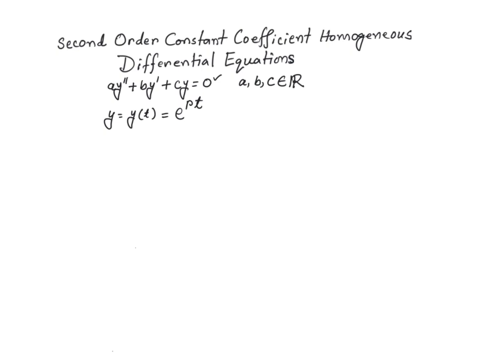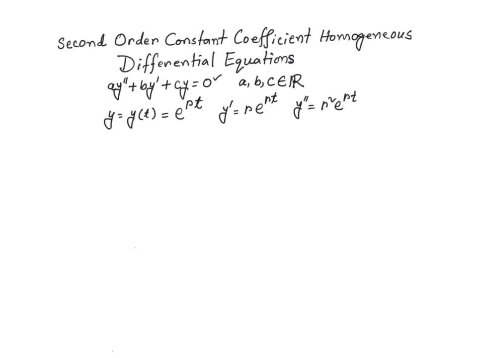That gives us y prime is equal to r times e to the power rt, and y double prime is equal to r squared times e to the power rt. So r is a parameter that we need to find here.